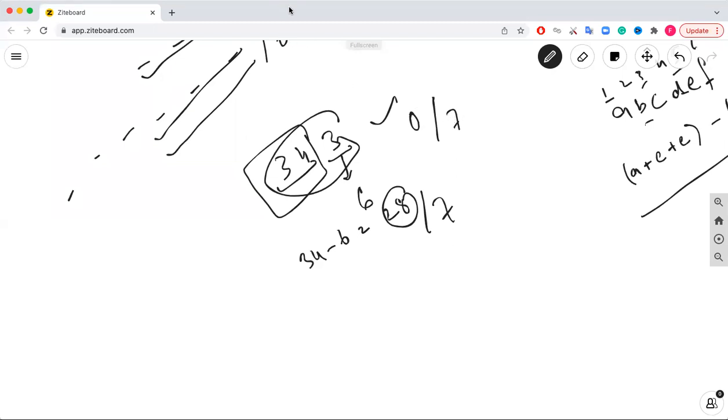Does it hold for numbers greater than 3 digits? Yeah, it holds for every value. This rule holds for numbers greater than 1000 also, or only for 3-digit numbers? No, it holds for any value, any length. Doesn't matter. You can take 4, you can take 5.